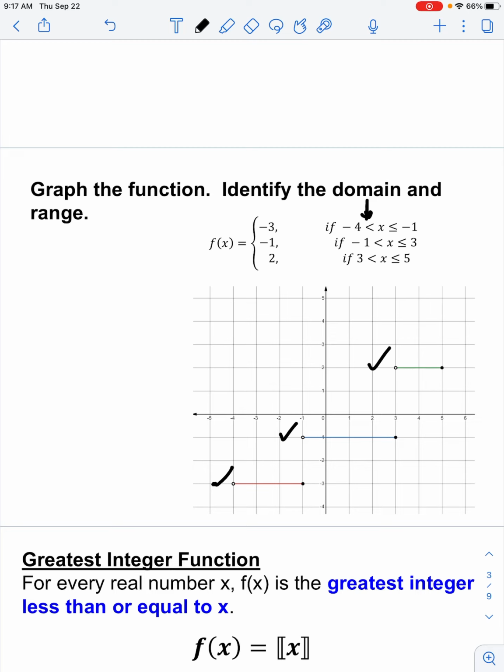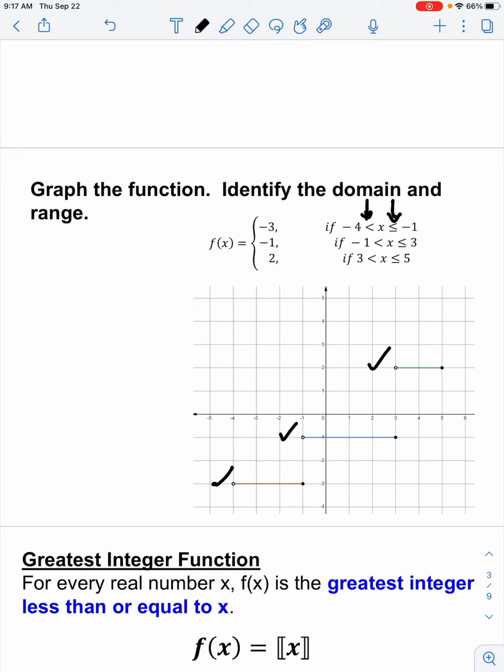The right endpoint, however, is a closed circle, because the inequality symbol on the right end of our compound statement is less than or equal to. So that's going to appear as a solid dot. You can see when f of x equals -3, the right endpoint is a solid dot at -1.